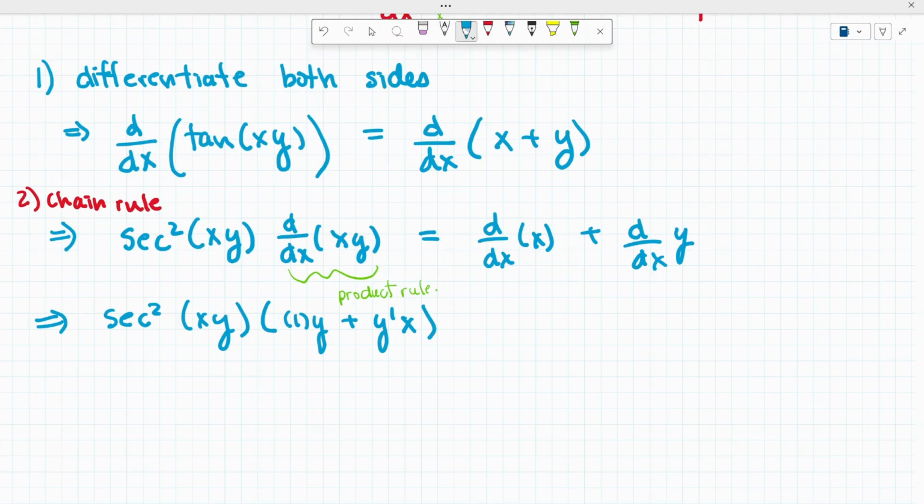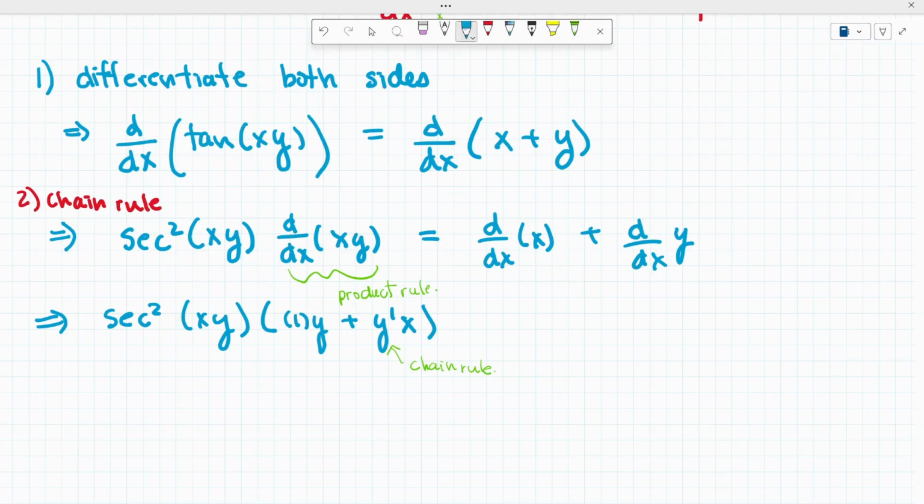Okay, so essentially this over here is also using chain rule, because since y is our dependent variable, when we take its derivative, we have to express it as dy over dx or y prime, because this is what we're trying to find in the end. We're trying to rearrange our function to find y prime, so that's why we have to write it in this way.